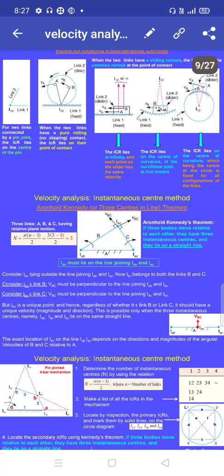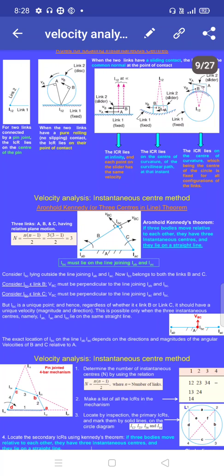Consider IBC lying outside the line joining IAB and IAC. Now IBC belongs to both links B and C. Considering link B, VBC must be perpendicular to the line joining IAB and IBC. Considering link C, VBC must be perpendicular to the line joining IAC and IBC.